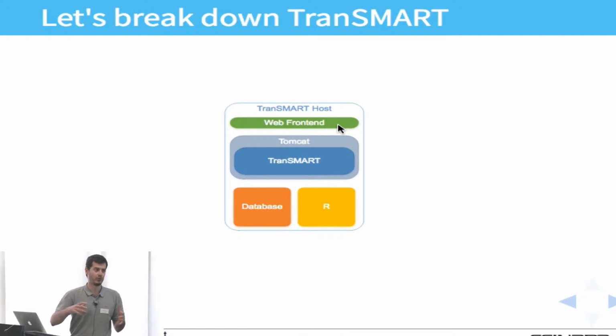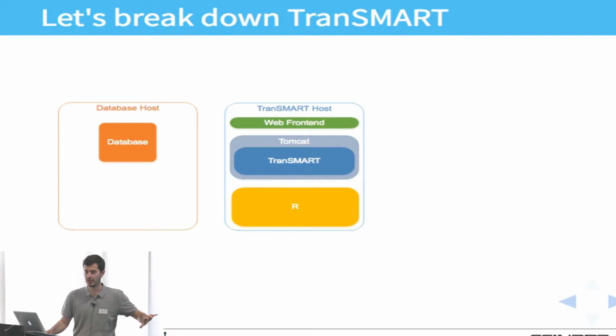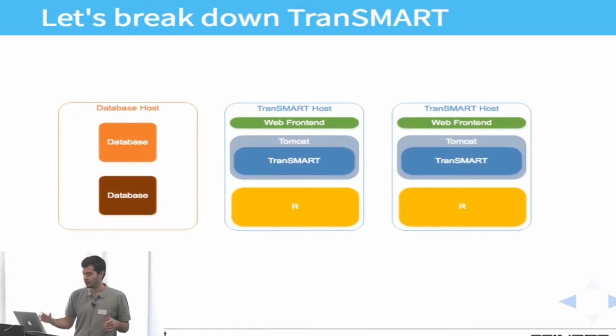Maybe because the machine was a bit small at the beginning, but we didn't want to be limited by this, so we started taking the database aside and putting it on a dedicated host. And we realized that we could put all the databases on database clusters with specific resources allocated, finely tuned for database usage, and then all the Transmart instances would just hook up to these database backends and get their data.